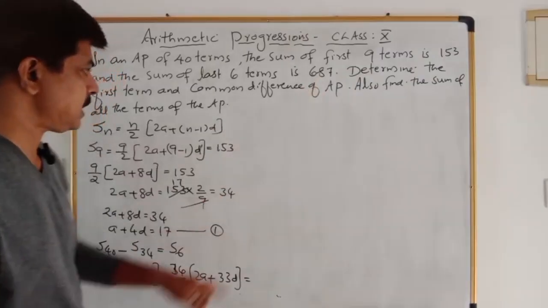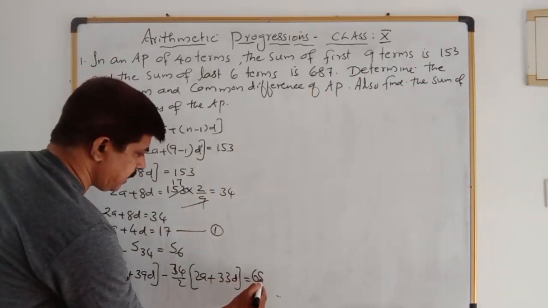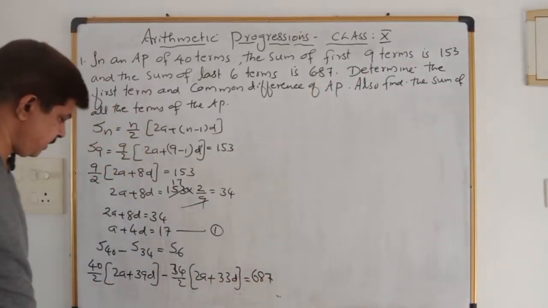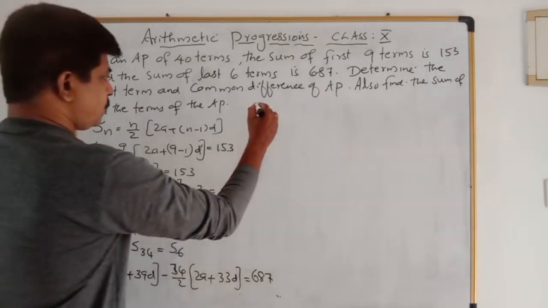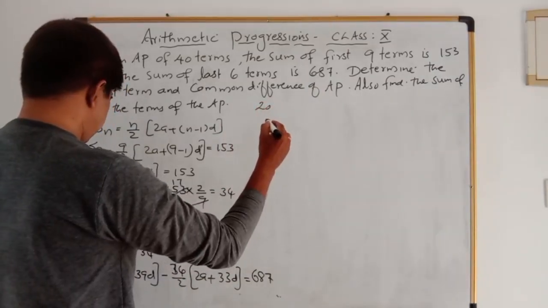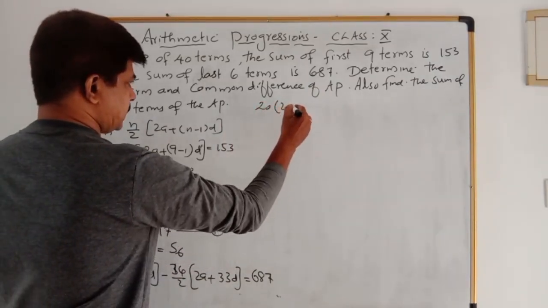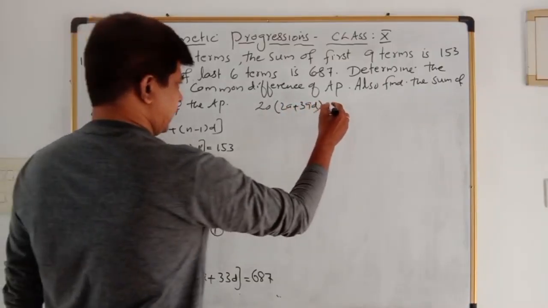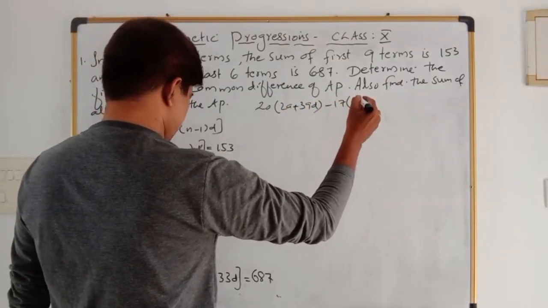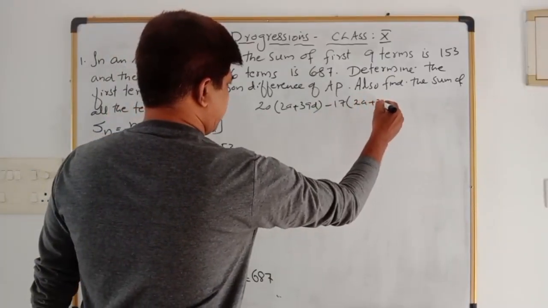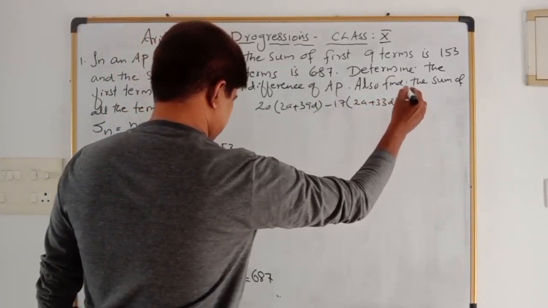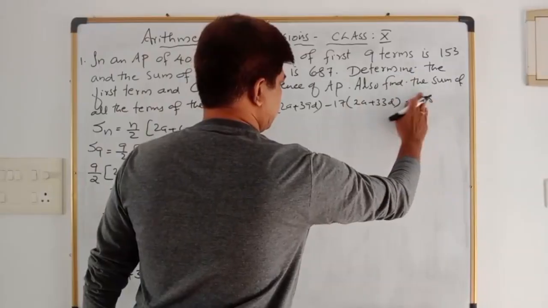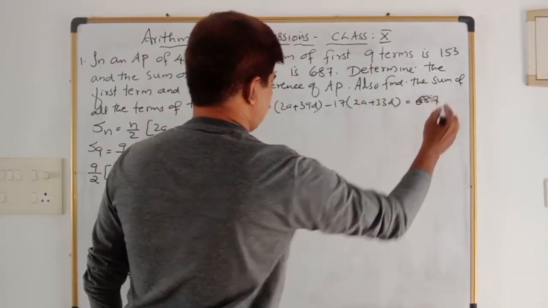What is the sum of the last 6 terms? We are given 687. So 20 into (2a plus 39d) minus 17 into (2a plus 33d) is equal to 687.